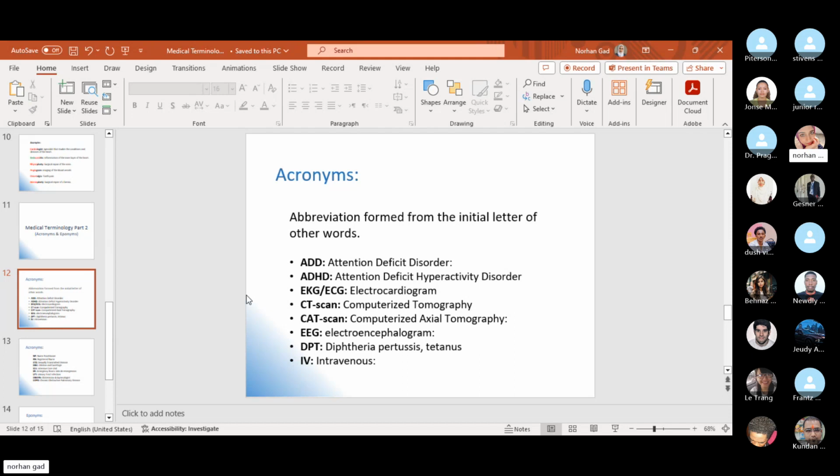How am I going to do the translation or the interpretation of the acronyms? If the doctor, for example, says, your son has ADHD, how am I going to do interpretation of this sentence to the patient?